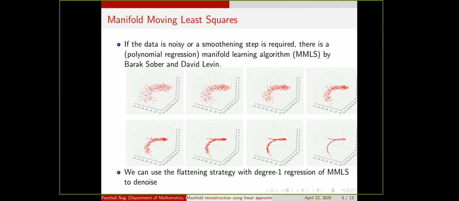Okay, so one thing I want to say is that in this strategy I described, one has to say the intrinsic dimension of the manifold. So in case you're reconstructing a helix, the intrinsic dimension is 1, so you have to input that. And the assumption is that this is a perturbation from a one-dimensional manifold, and the noise is bounded.